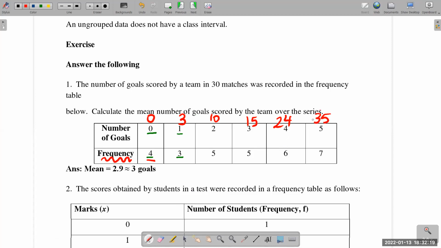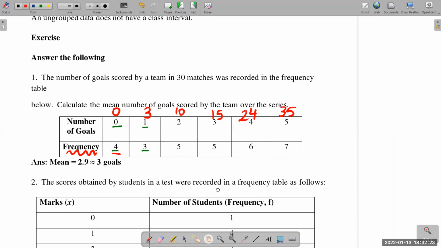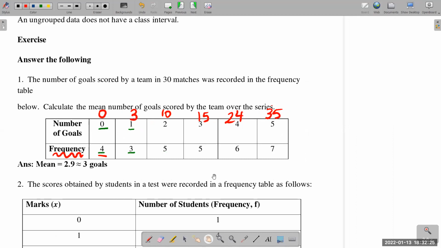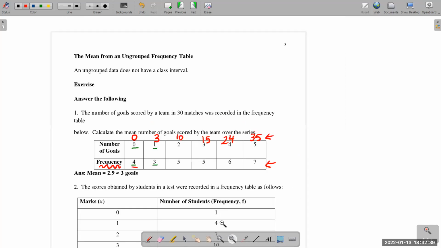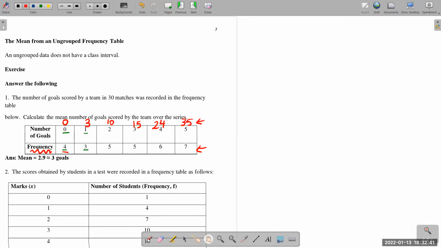So what do you realize here? We want to find the mean. And so to find the mean, we need to divide the total number of goals by the total number of persons that scored those goals. So let's come over here to the side.